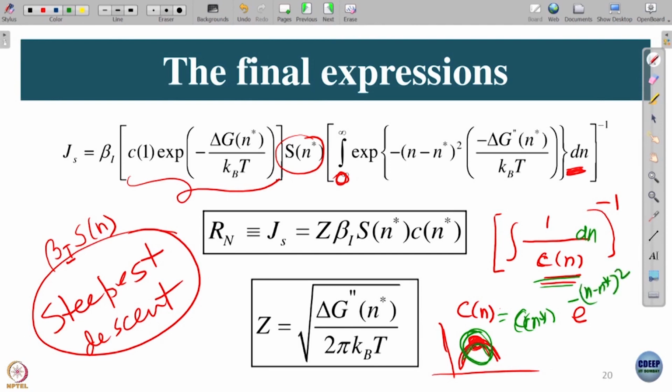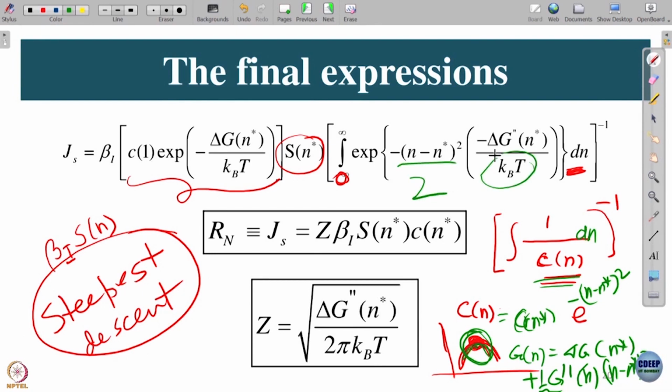Then I need to do the double derivative, because I expand delta g n as delta g n star plus delta g double derivative times n minus n star squared by a factor of 2. Okay, so that is then divided by 2, and by kBT is here. Then it becomes this now, so let us explain this again.